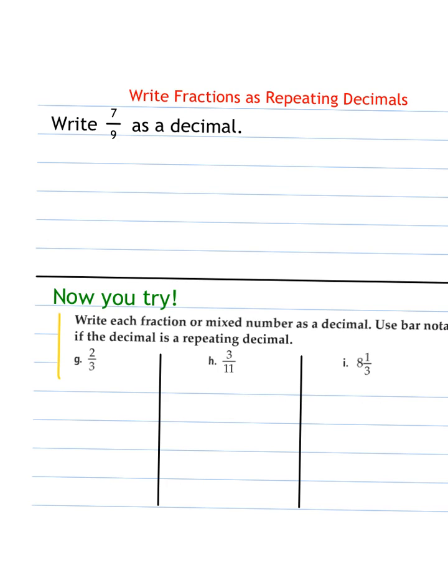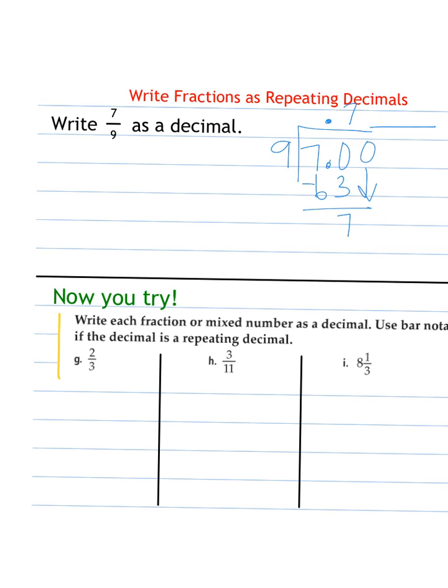All right, so we are going to practice writing 7/9 as a decimal. We are going to do our division here. 9 can't fit into 7, so we add our decimal and a 0. It goes into 70 7 times, which is 63. Do our subtraction. Now we got 7, so we don't stop there.